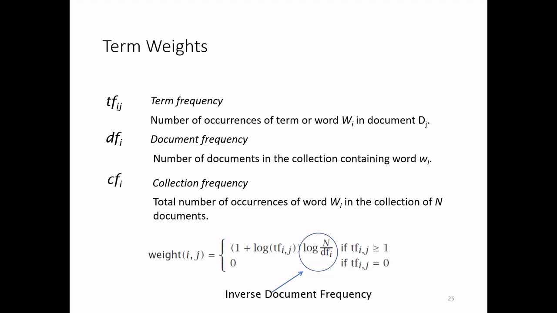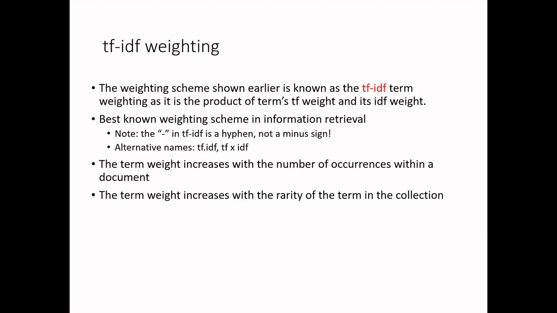So if you look at the expression on the right-hand side, you have two components. There is a log component of term frequency, and there is a log component of the inverse document frequency. So that's why this scheme is known as the TF-IDF weighting scheme, or term frequency inverse document frequency scheme.